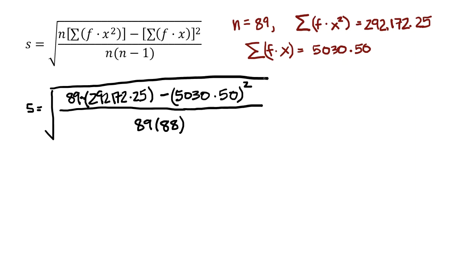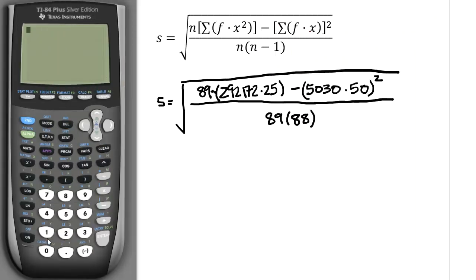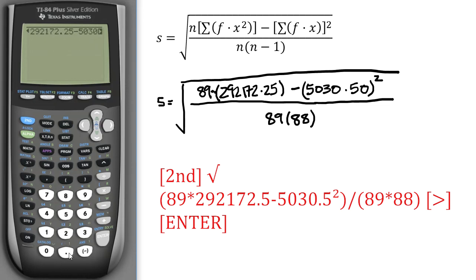So we can do that one on the calculator. I'm going to say second square root, and I'm going to put everything in the numerator in this first parentheses. So it's 89 times 292,172.25 subtract 5,030.50 squared, and all of that is the numerator, divided by, and then I'm going to put the entire denominator in parentheses, 89 times 88. Close the parentheses.